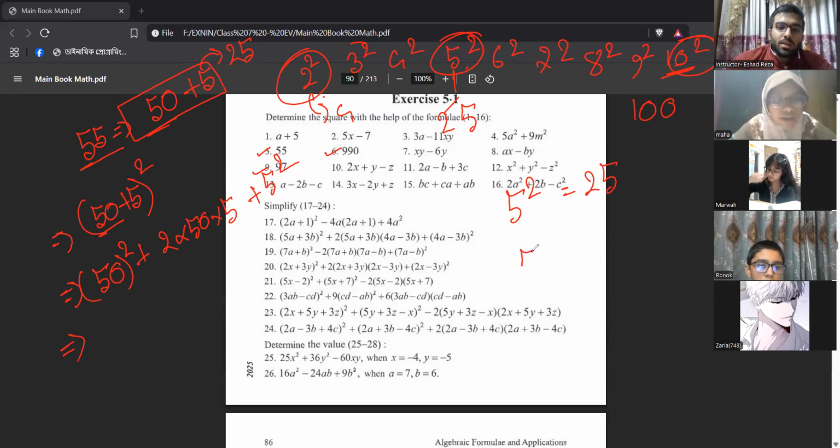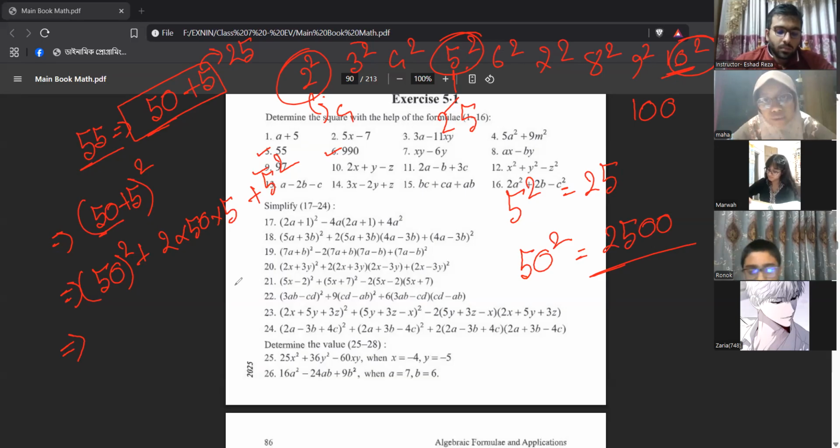If it is a square, there will be 2 zeros. Yes, there's just going to be 2 more zeros. So it's easier for you to calculate, right? And that is why we separate 55 into 2 different numbers. Sir, I have seen that when we convert this into tens, like if it is 25 whole square, we say 20 plus 5, then there will always come zeros and it is easy to calculate zeros.